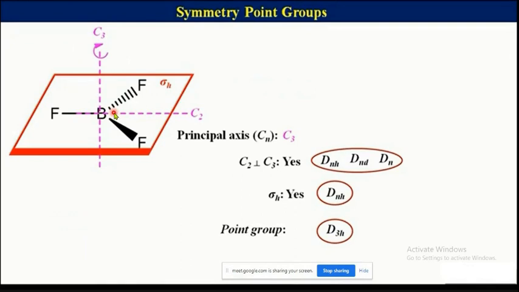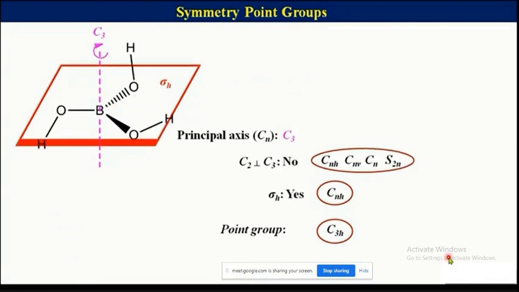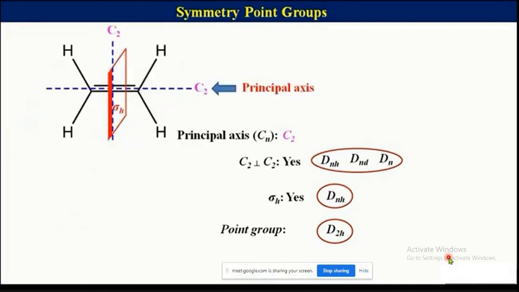Here, you see two C2s are there. So one C2 is perpendicular to the other C2. You see the intersection point. So what are the probabilities now? The only three probabilities of the point group are Dnh, Dnd and Dn.